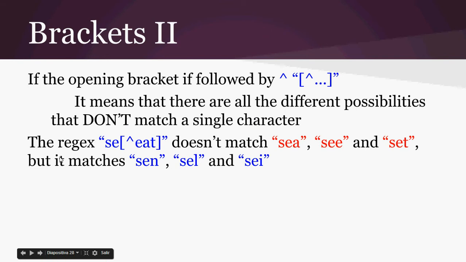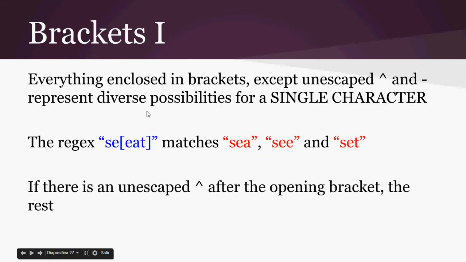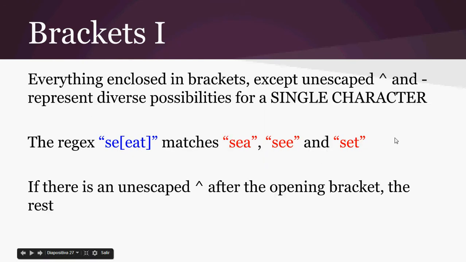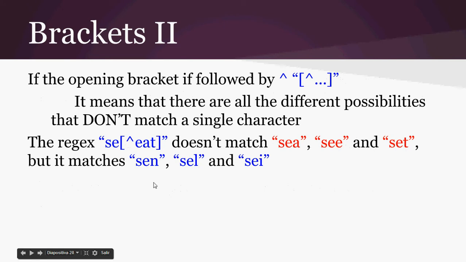So remember that we have this thing, but now I add the caret, it means that these 3 things that matched before now don't match. And anything else beside these symbols, even the space, will match this regular expression.